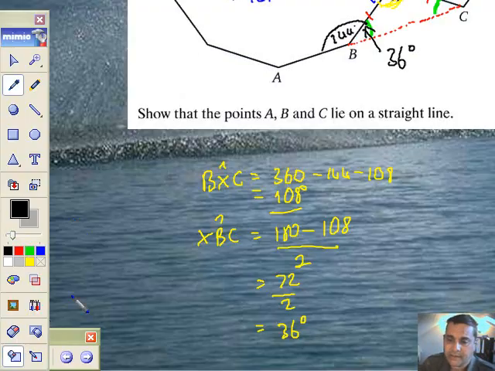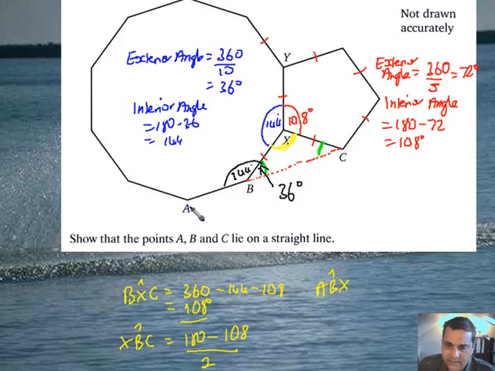Now look, let's just do some proper grade A setup. So ABX, okay, so that's this angle here, plus XBC, that's that one there, equals ABC.